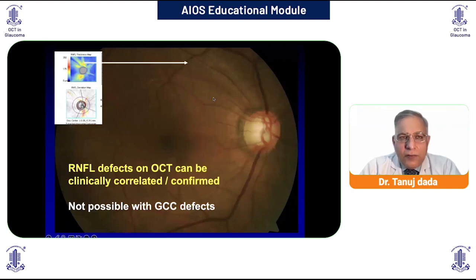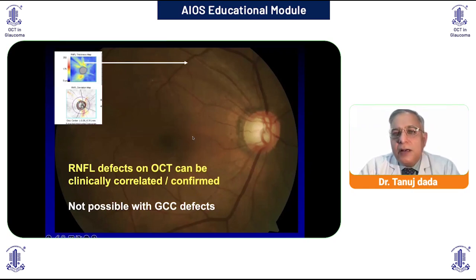The advantage of using the retinal nerve fiber layer over the ganglion cell clinically is that you can corroborate your clinical finding. There is a visible retinal nerve fiber layer defect that is confirmed on the OCT image. But this is not possible with the ganglion cell defects because they are not visible clinically in the macula.